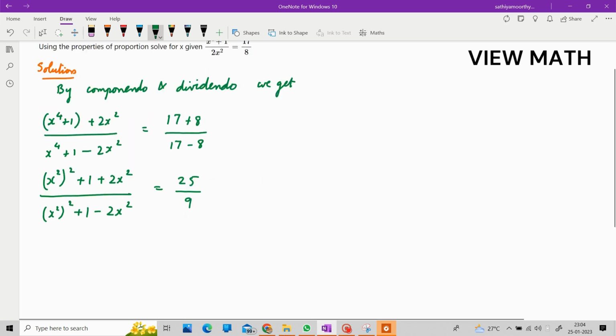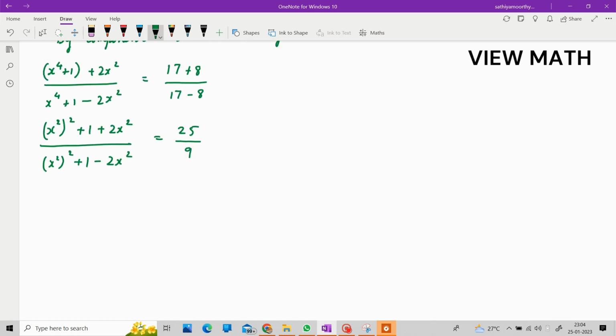So here this is the a^2 + b^2 + 2ab formula. Here it is a^2 + b^2 - 2ab. In the place of a I have x^2, in the place of b I have 1. So here a is x^2, b is 1.